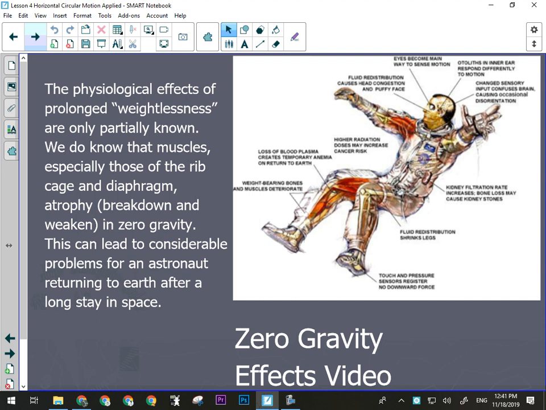That's just one thing. Okay, the fluid in your body gets redistributed. In a gravity environment, fluid tends to go downwards because gravity pulls it. So it winds up in your feet and your lower extremities. In zero gravity, it redistributes equally. And for a lot of the time they're in space, astronauts will have more arthritic pain because there'll be more fluid in their fingers and hands.